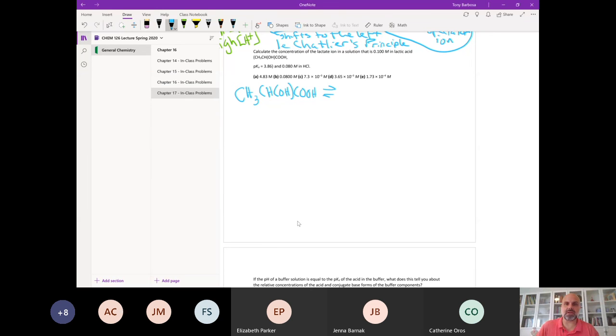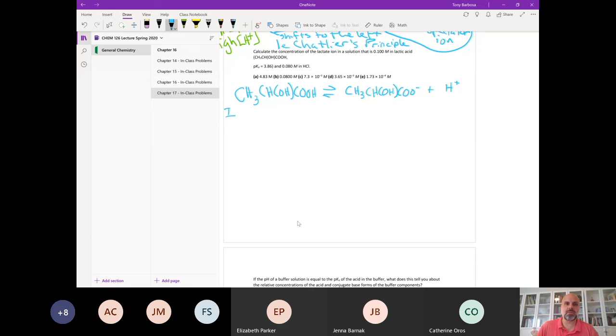we have our lactic acid giving us our conjugate base plus our protons. Then we simply fill in our ICE table.